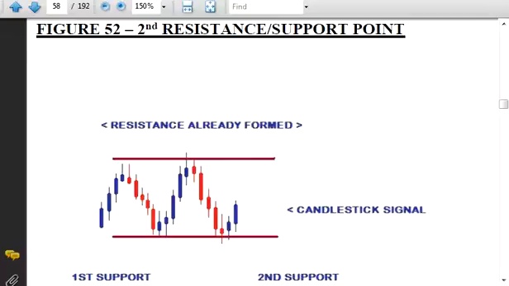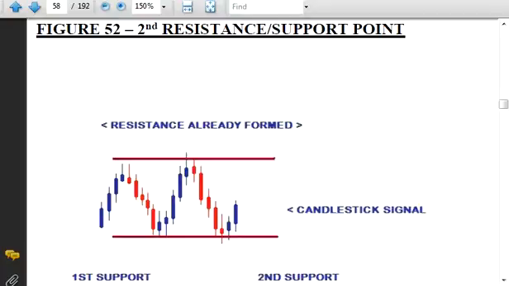We have a situation in which a range or a pennant is being formed, and we have one of the barriers, either the support or resistance barrier, already formed with 2 resistance or support points. And the opposing barrier is going to be completed by a second signal and a move towards that boundary that has already been formed.